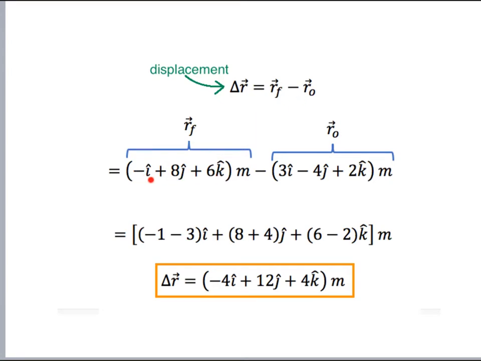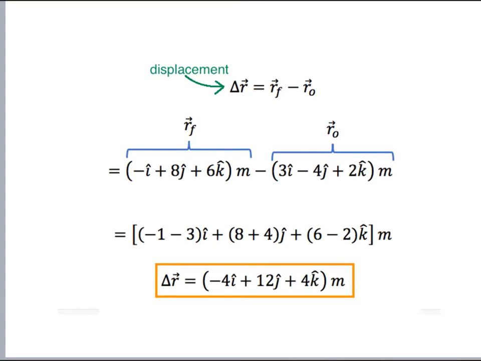Here's my r final, minus i hat plus 8j hat plus 6k hat in meters, minus my r0, which is 3i hat minus 4j hat plus 2k hat in meters. Now, notice that this minus sign in front of the parentheses will distribute inside here, and that'll make this minus 3, it'll make that plus 4, and then minus 2.